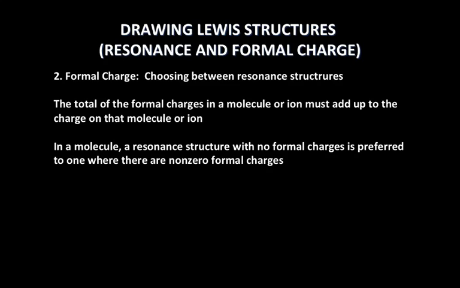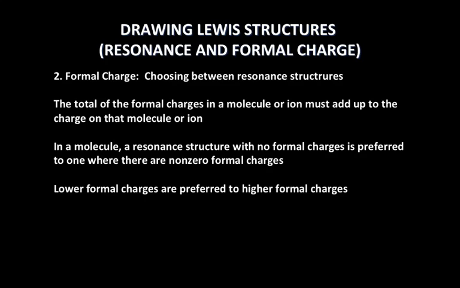Lower is always better. And with that, lower formal charges are preferred to higher formal charges. So a molecule with formal charges of +1 and -1 is more preferred than a molecule with formal charges of +2 and -2, sticking with the lower is better theme.